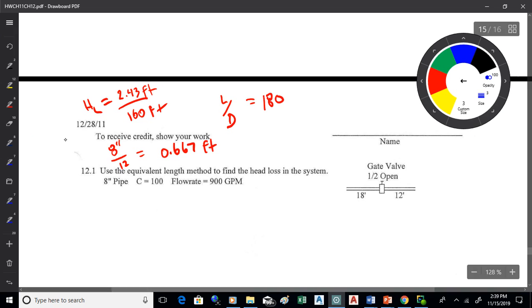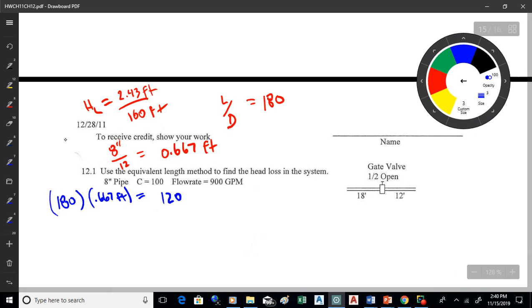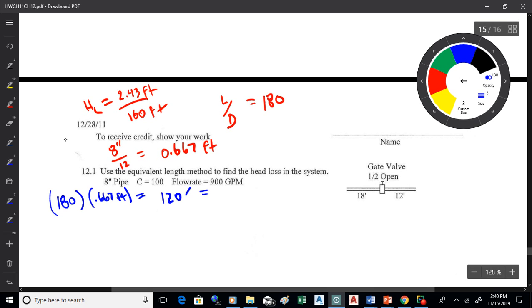Now, if L over D is 180, and we multiply L over D times D, which is 0.667 feet, we'll get the equivalent length of pipe for an 8-inch gate valve that's half open. It's 120 feet. So that's L equivalent. Now, we've also got 18 feet and 12 feet more of pipe.